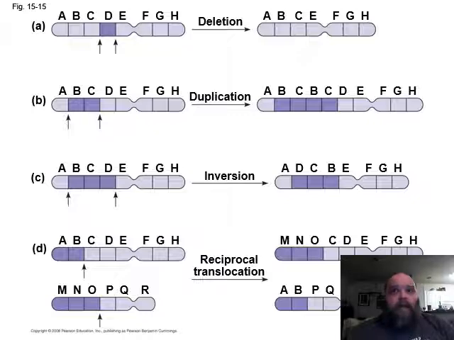And then their 12, which should have had MNO, 50-50 chance it's going to get the correct one or the incorrect one. So AB could completely disappear. Their offspring would be the deletion. Some of their offspring could be a different form of that duplication. Too many MNOs, no ABs. Too many ABs, no MNOs. Weird things happen.